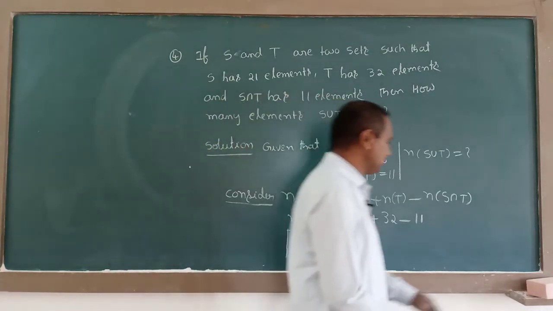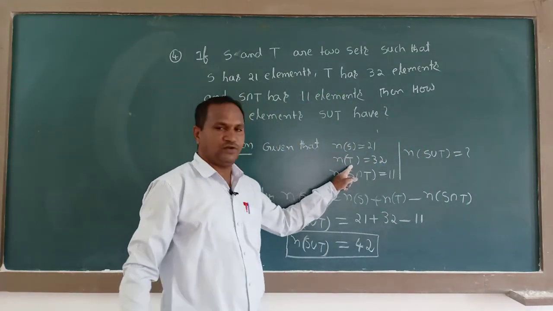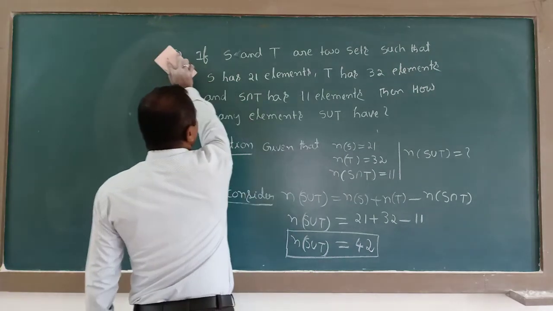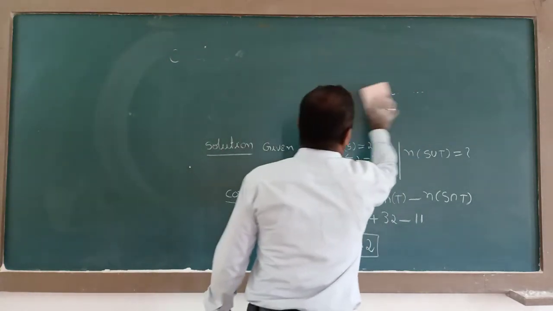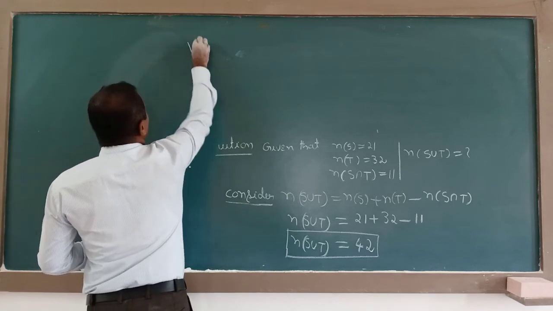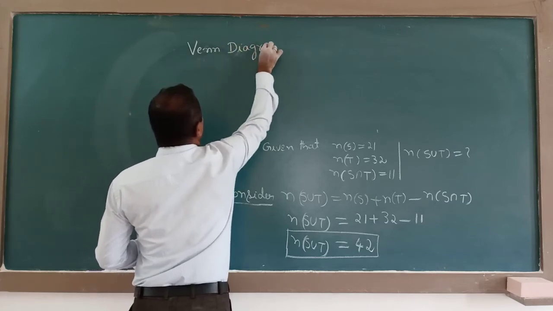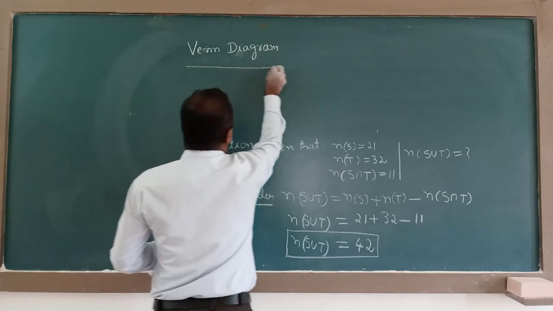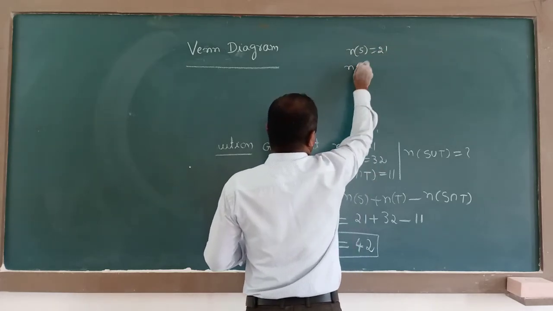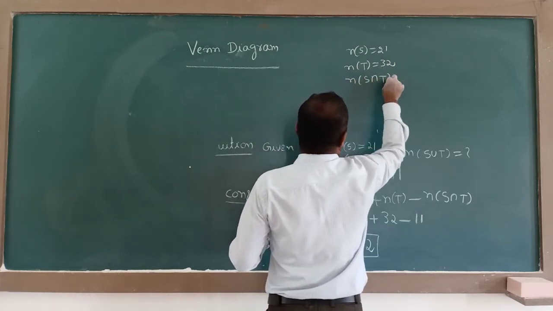Now we are going to draw a Venn diagram for this. They gave the number of elements for S, the number of elements for T, and also the number of common elements. n of S is equal to 21, n of T is equal to 32, n of S intersection T is equal to 11.